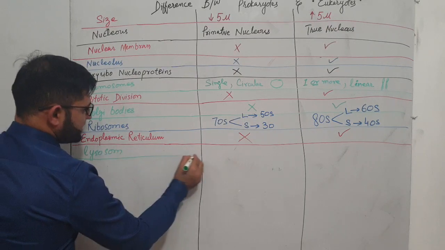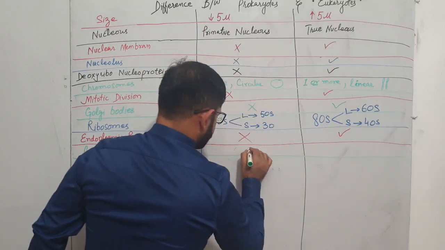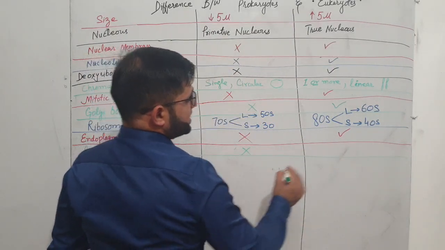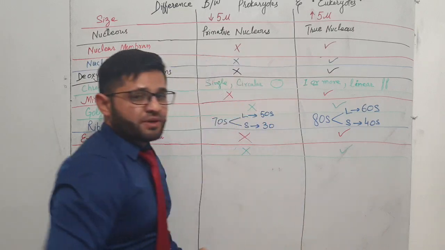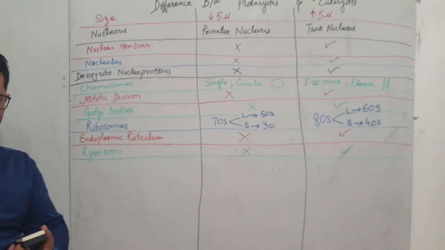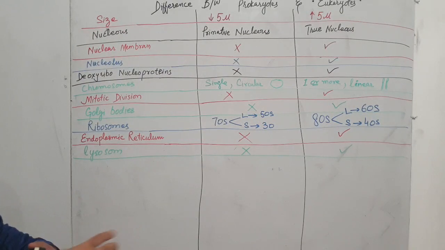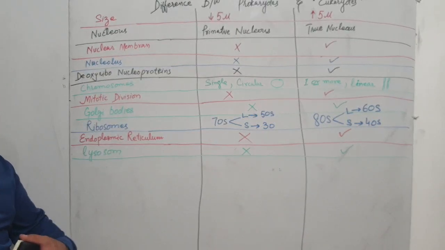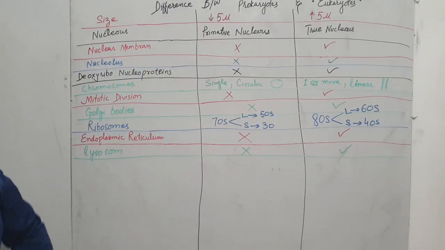The lysosomes are absent in the prokaryotic cells, while they are carried by the eukaryotic cells.